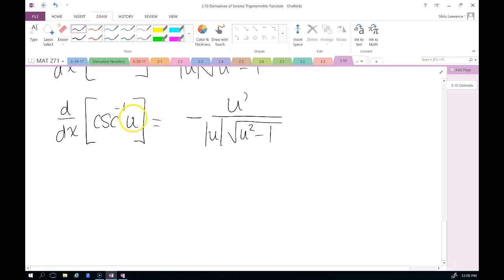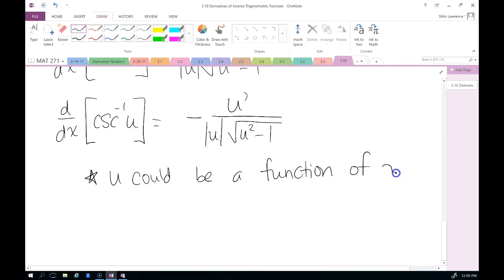The reason we have a u in here is because this might not be just a plain old x. It might be x squared or 5x or 3x minus 2. U could be a function of x, which means we have to do chain rule, and that's why we have the u primes in the numerator.